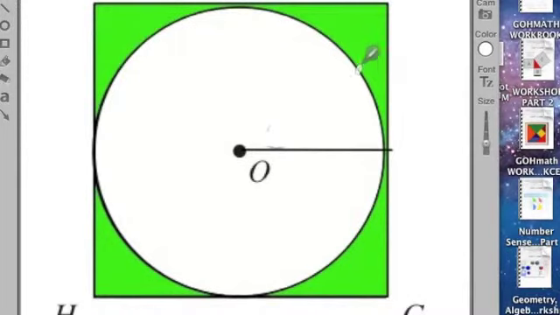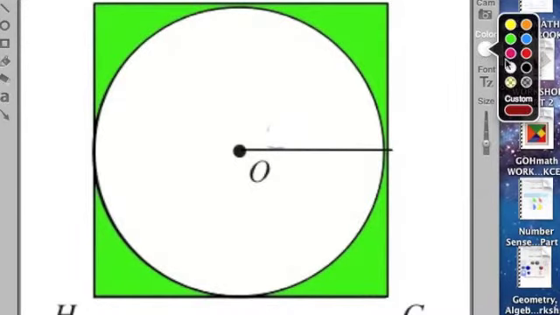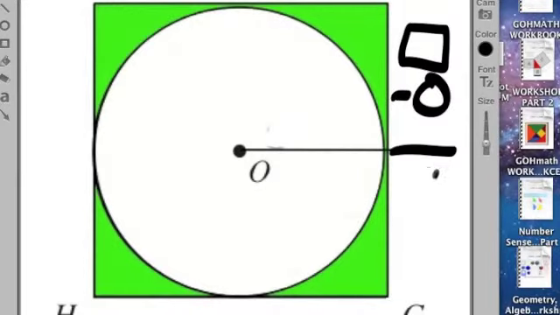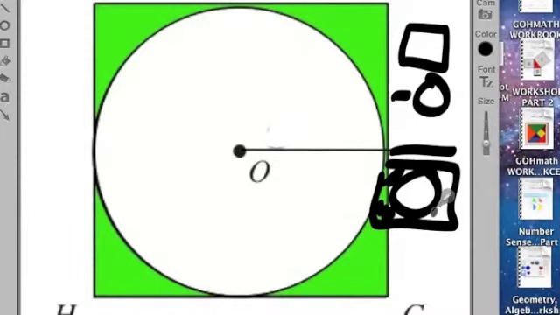I want to find out what portion of this is shaded. What I'm going to need to know is the area of the square minus the area of the circle, and that will get me this portion that's outside these realms. Well, let's say this had a 4 again, to make our lives easier.